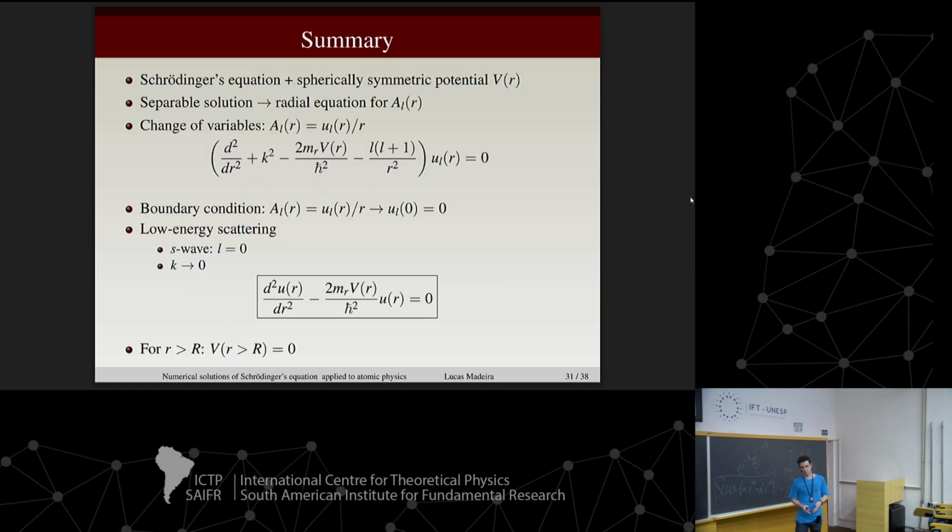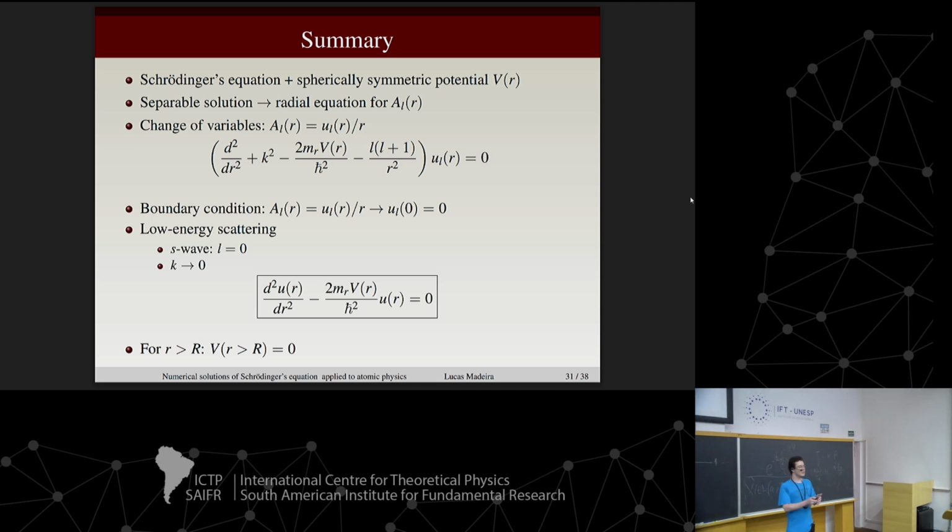So to summarize this first part of the lecture, we started with scattering, Schrödinger's equation. We plugged in a spherically symmetric potential that was finite range. We proposed a separable solution. Then we get an equation for the radial wave function. We said, oh, okay, if we do this clever substitution, I get this equation here with the boundary condition that u must be 0 at the origin.